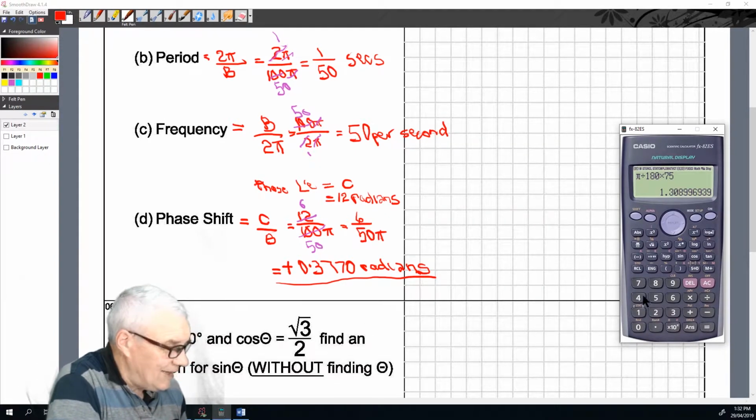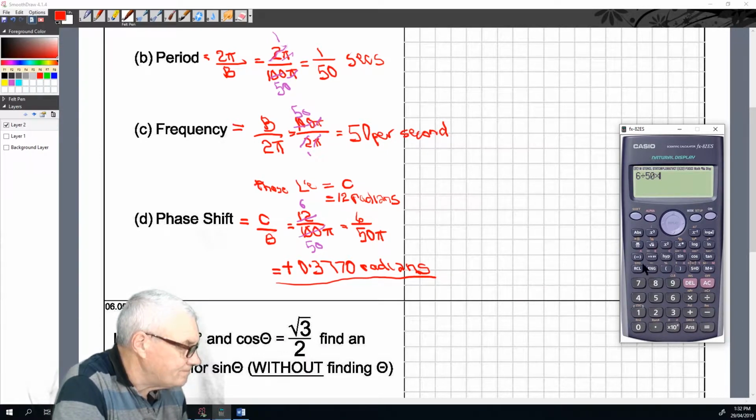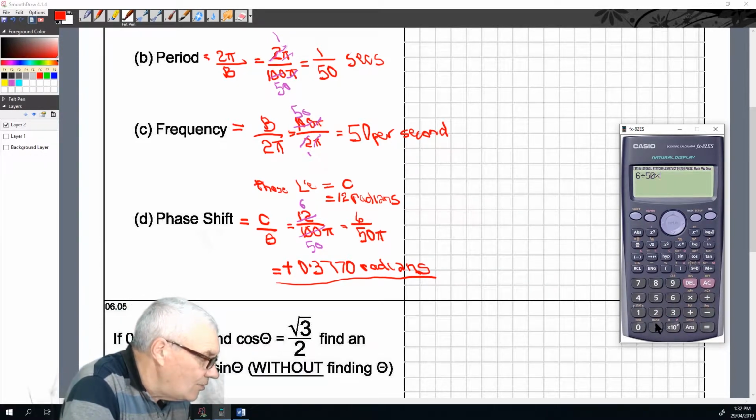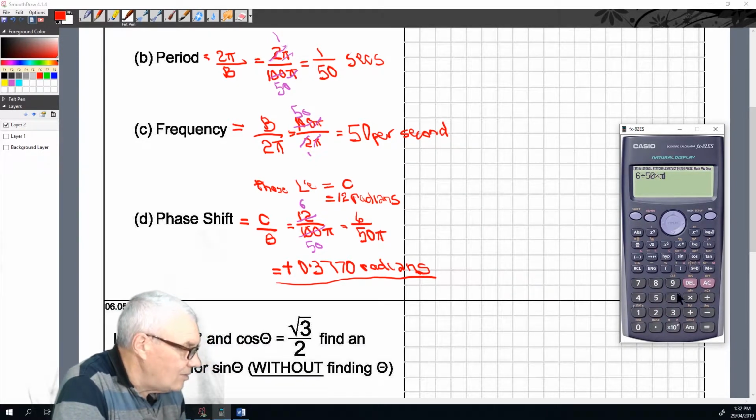All right, so we've got 6, all clear, 6 divided by 50 times pi. I think that might need a bracket.